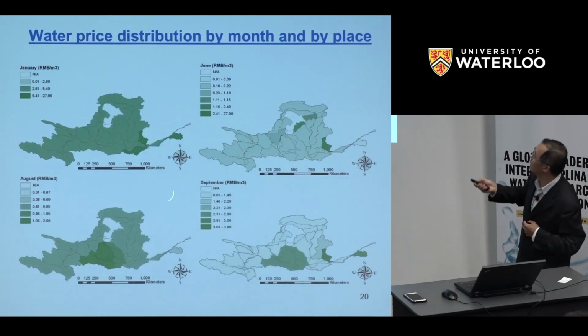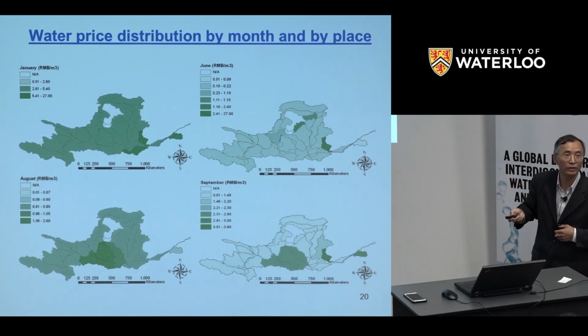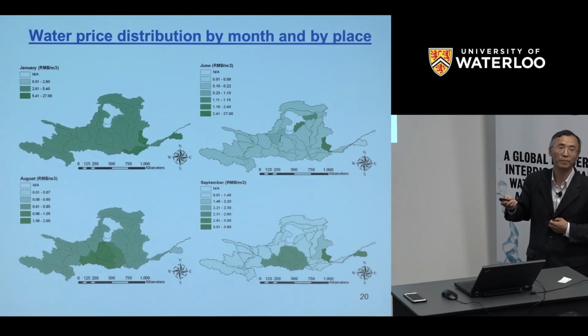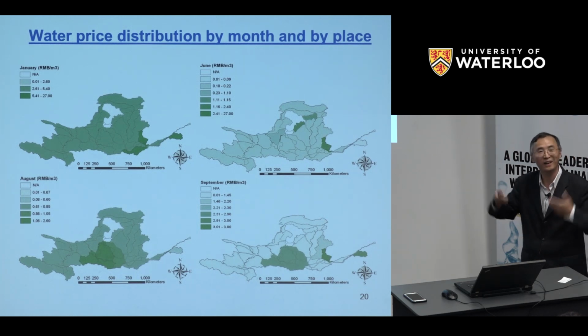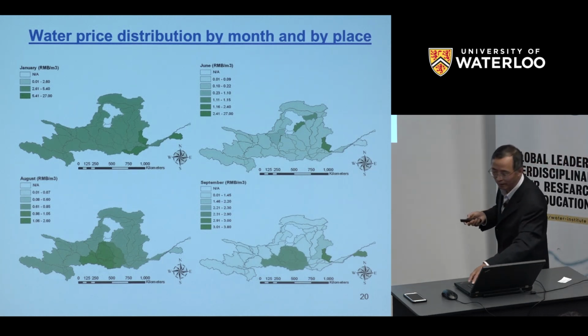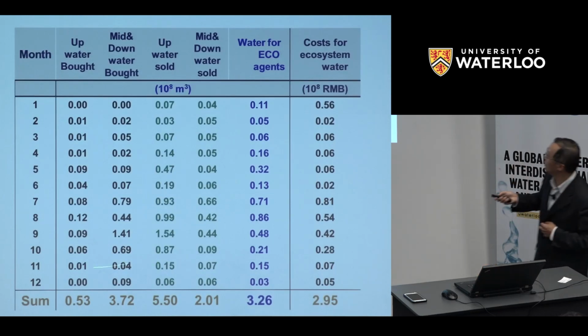This figure shows some results. I don't have time to explain the details, but I want to point out that this water price is basically the economic incentive. It shows that in different months and different places of a watershed, we should apply different economic incentives in order to capture the maximum system benefit.